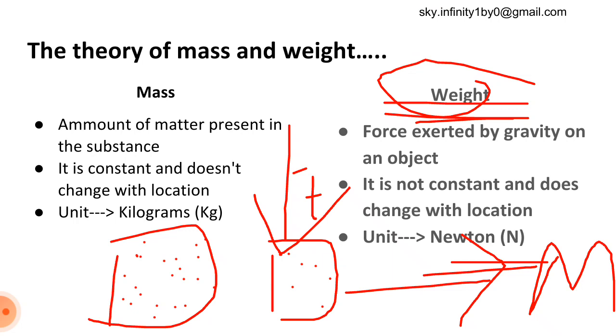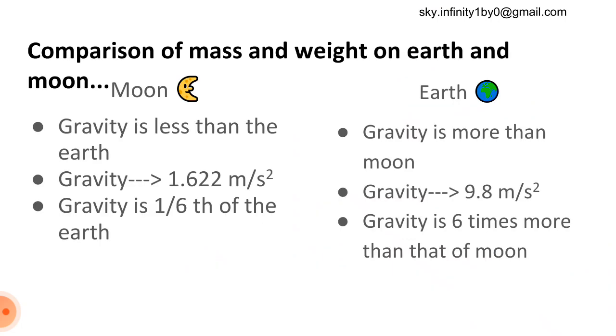We need to keep in mind that mass is always constant. It does not change with location, whereas weight is not constant and it does change with location. Therefore, the weight of an object on earth will be different, and on the moon it will have some other value.